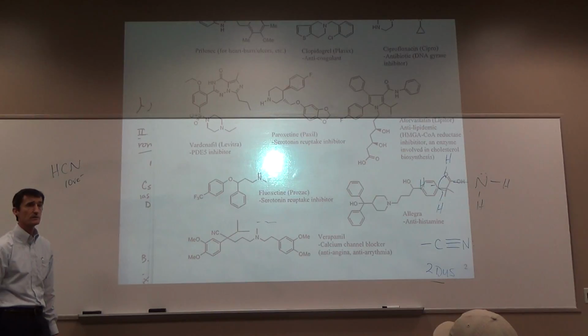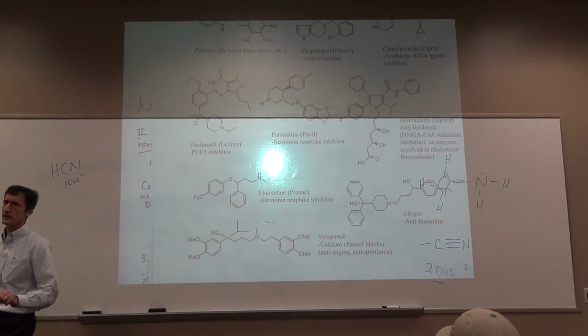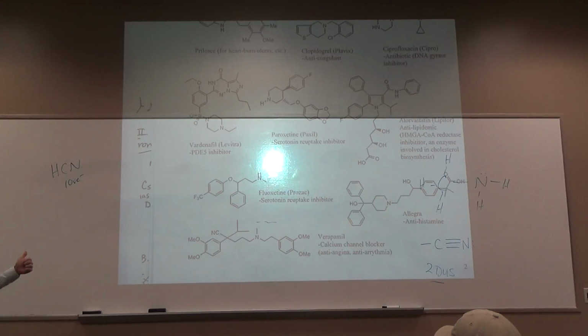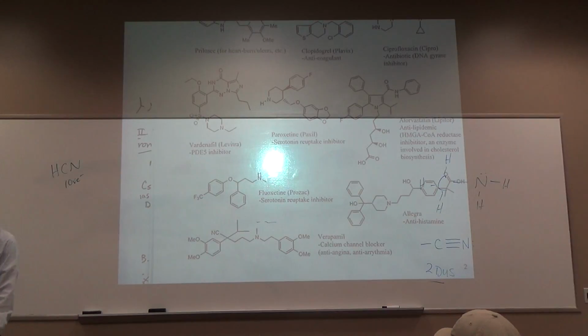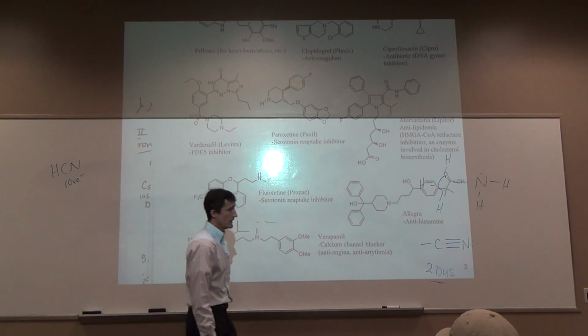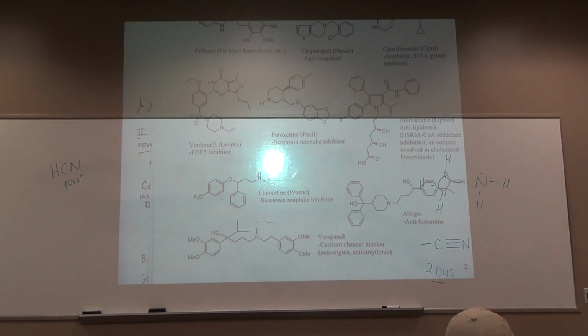How many pi bonds? It's actually 6. We haven't done DUS hybridization yet. 6 pi bonds and how many rings? 2 rings. Okay. Here's your 8 DUS. So we did it by formula, and we can look at the structure and get the same answer and make sure they're the same.